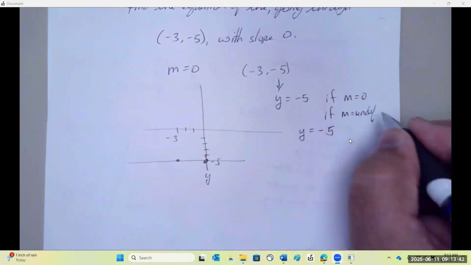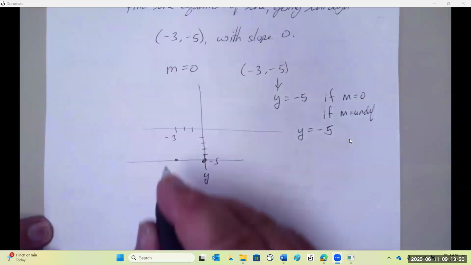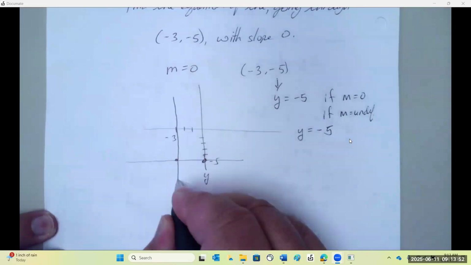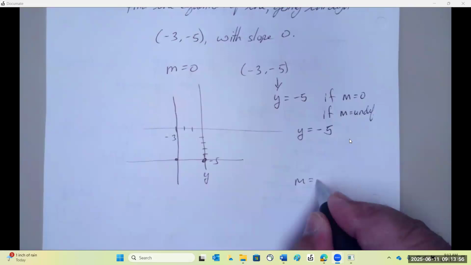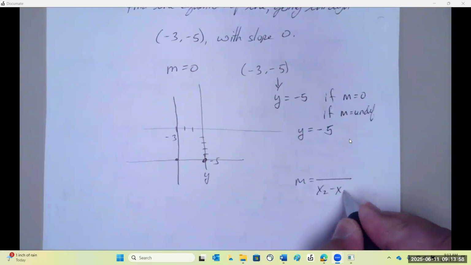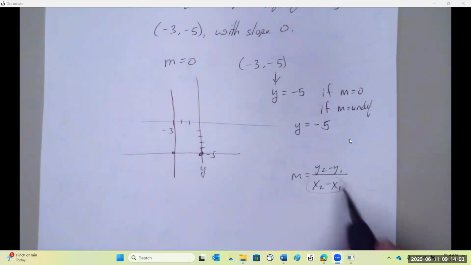If your slope is undefined, what is that graph going to look like? If it's undefined. Yeah, it's a vertical line. Because remember, for a slope to be undefined, what has to be true? The bottom has to equal what?